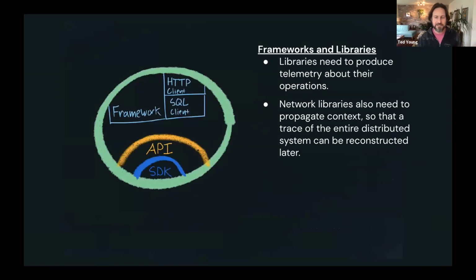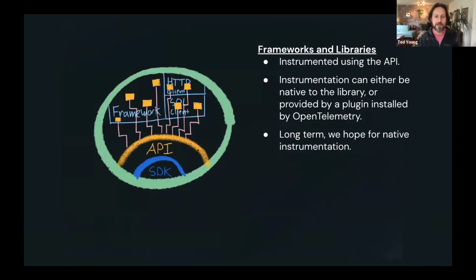So again, this is just to show how that works. You have your frameworks, your HTTP clients, your SQL clients, your app code, that all talks to the API. And then the API forwards that information on to the SDK implementation.